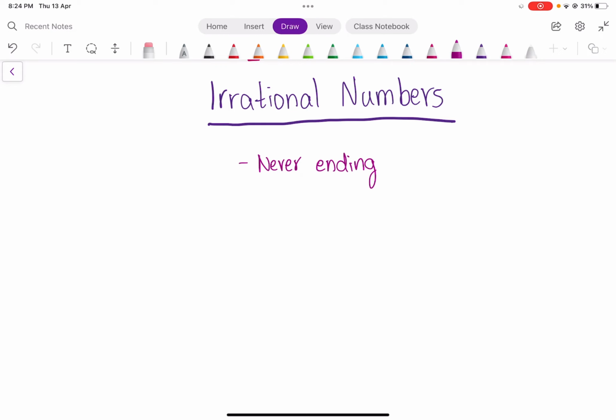At first thought, you might think that these are numbers which are so large that they never end, numbers like the one I'm about to write. So this is not never ending, because at some point or the other, it has to end. Irrational numbers are numbers that never end, but are a decimal.